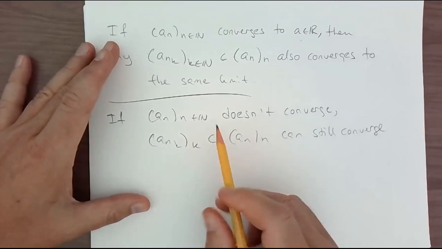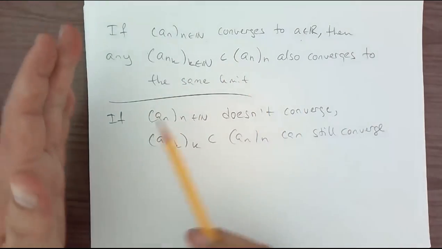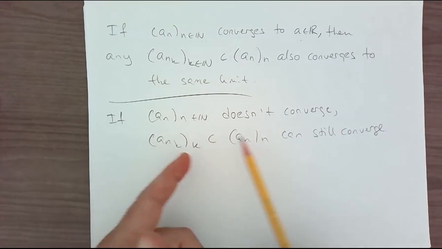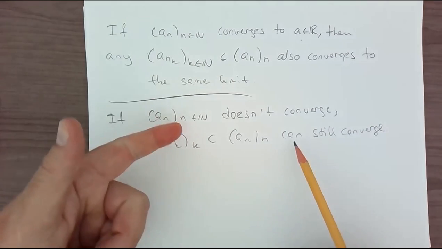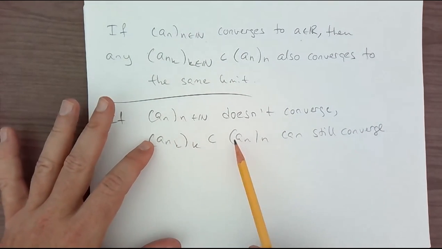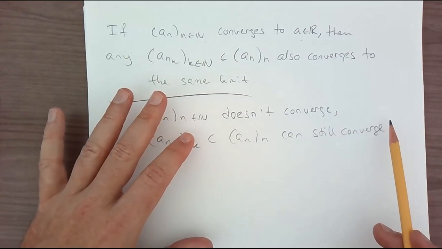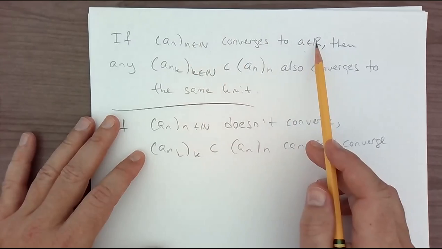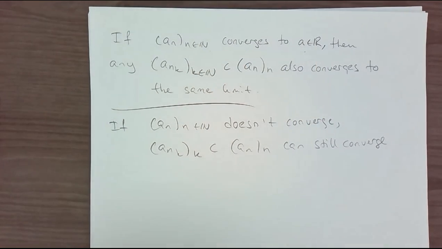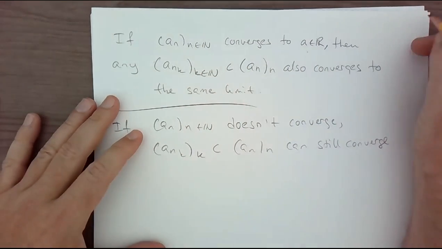You can have the original sequence bouncing around and oscillating, and then you can find convergent subsequences. These subsequences could all have different limits, and they wouldn't necessarily be the same. But if the original sequence goes somewhere, then every subsequence is going to go to the same point.